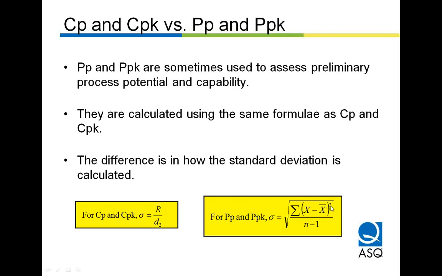So instead, we square these values, sum them together, divide by n-1 for sample statistics, and then take the square root of all of that as our estimate of the standard deviation. This is how we calculate PP and PPK from this description of the standard deviation, and CP and CPK from this version of the standard deviation.